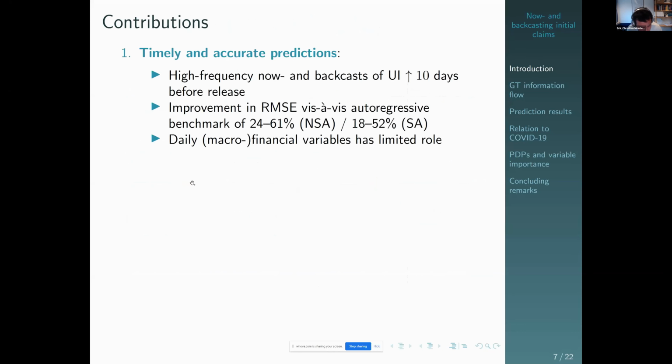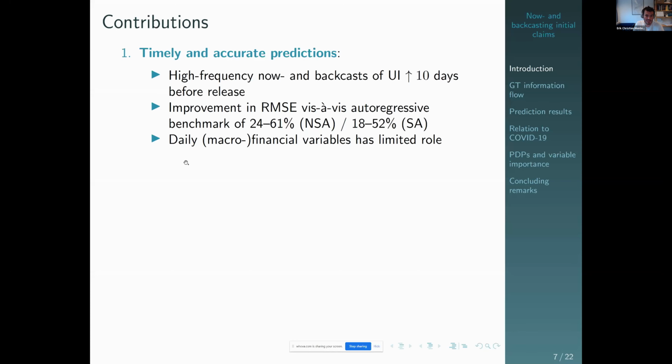So what are the contributions of this paper? Well, we produce high frequency nowcasts and backcasts of UI up to 10 days before release. We achieve really large improvements in root mean square error against the autoregressive benchmark, between 24 and 61% for non-seasonally adjusted data, and between 18 and 52% for seasonally adjusted data.